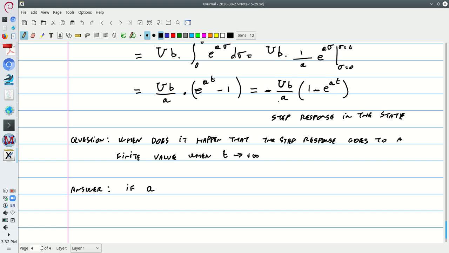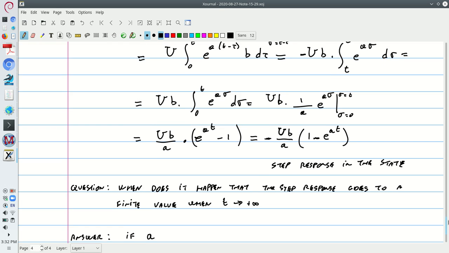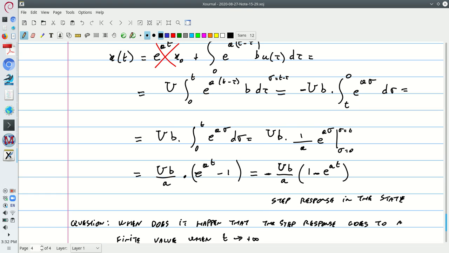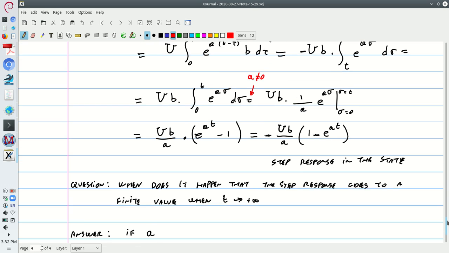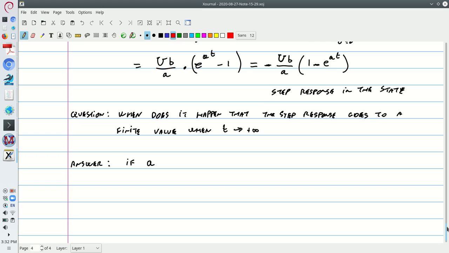If A is equal to 0, actually what we have done is not valid, because when we computed this integral, we assumed that A was different from 0, since we were dividing by A. So the case A equal to 0 we need to analyze as a special case.